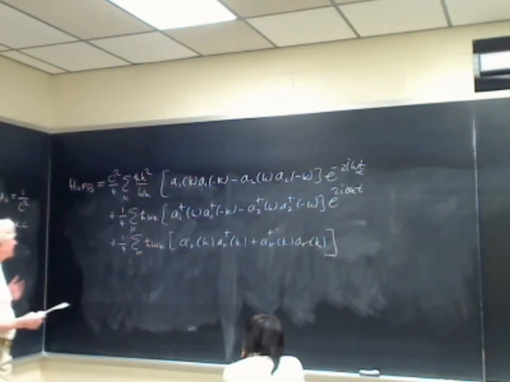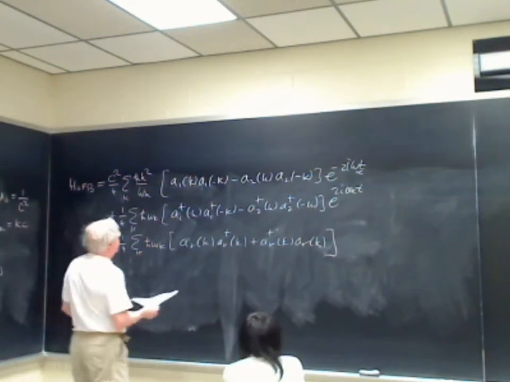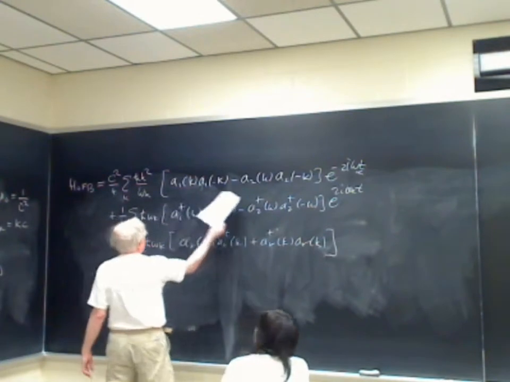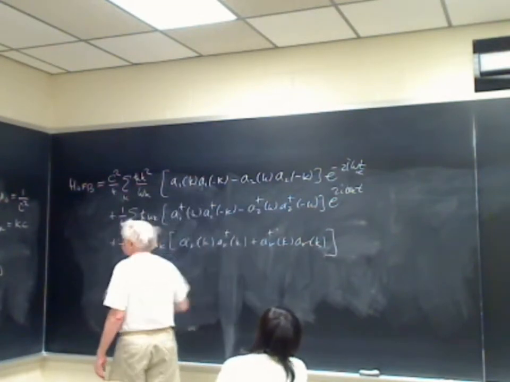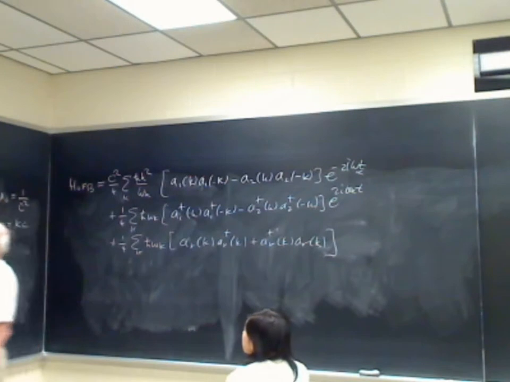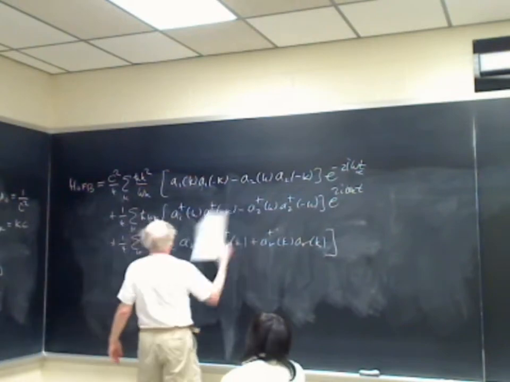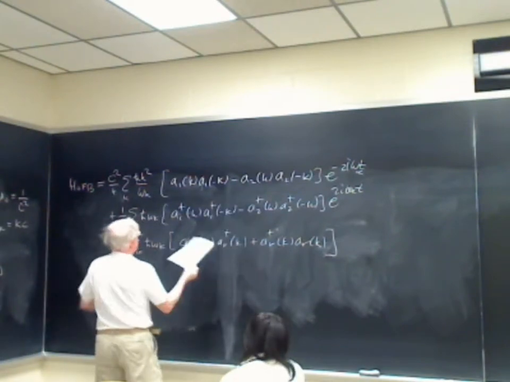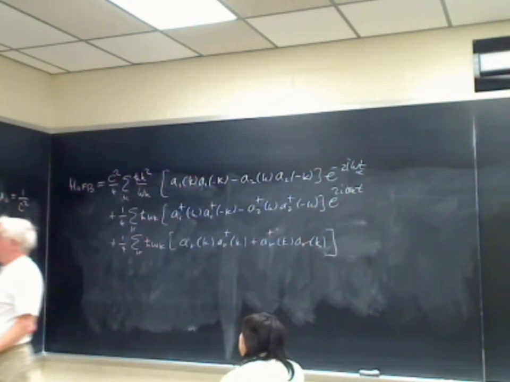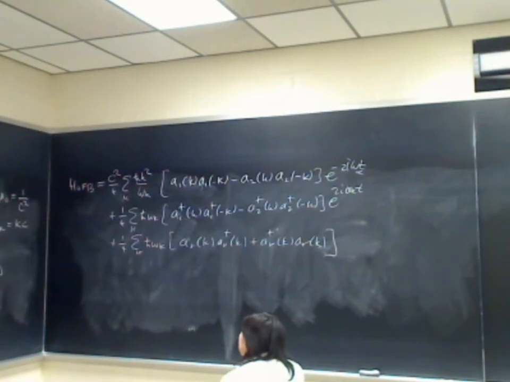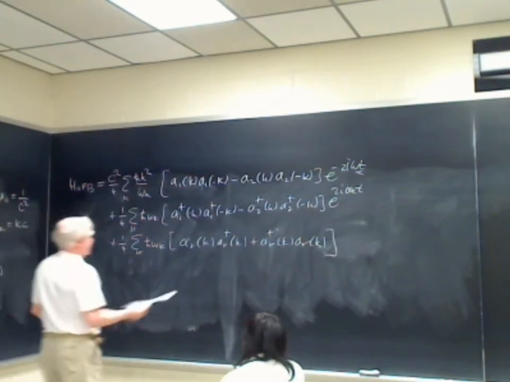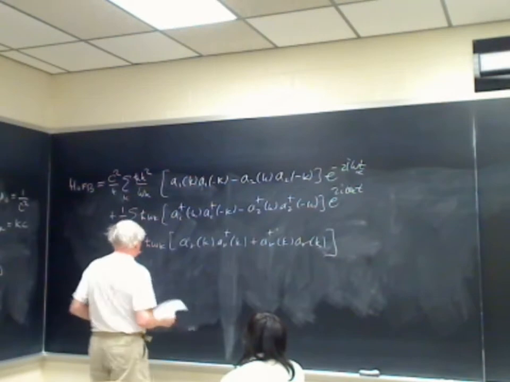Okay, well, what you see here is that these unwanted terms cancel. If we look at the annihilation part, we get A1 with a positive sign. We look over here, we get A1 with a negative sign. We get A2 with a positive sign here, we get A2 with a negative sign there. For the creation operators, the A1s have a positive sign here, negative sign there, the A2s a positive there, negative here. So they all cancel.